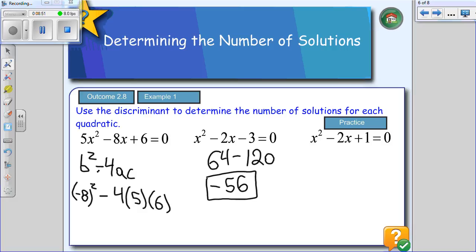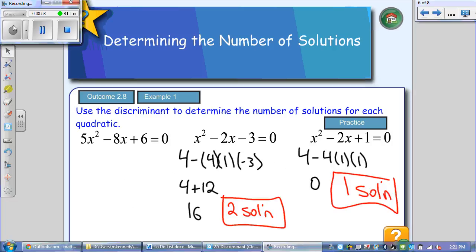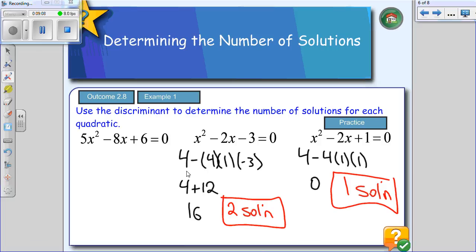Okay, try B and C on your own. Okay, I'll show you. So, B, I did b squared minus 4ac. B squared is 4, that's where that 4 comes from, minus 4 times A times C. C is negative 3.